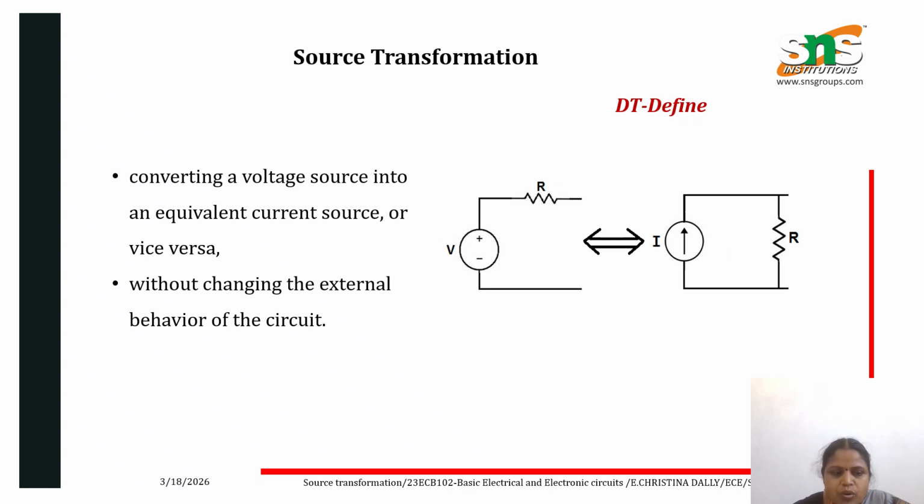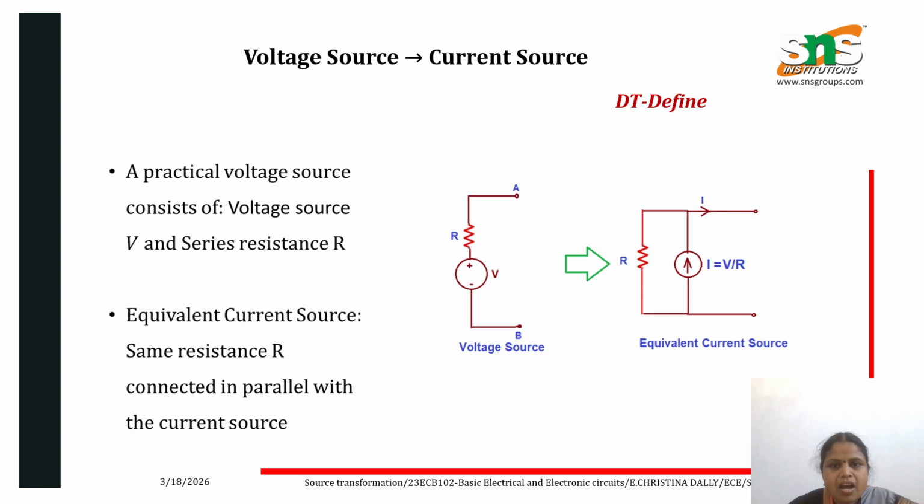Here we have to convert this voltage source into a current source, and the resistor is connected in parallel. We should not change any external behavior of the circuit. We just have to transform the source.